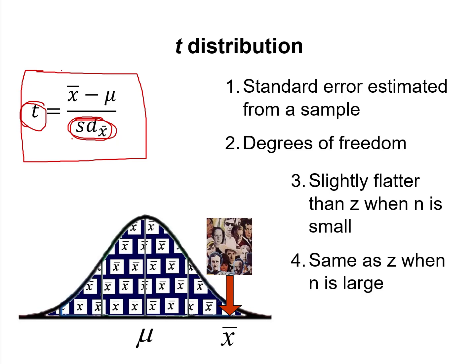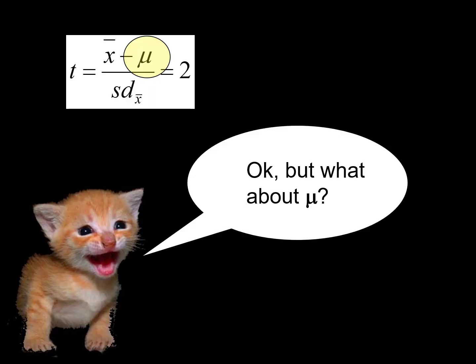But you might be thinking, wait a minute, there's still one more problem we need to solve. As the little kitty cat here says, okay, but what about mu? We still have that problem, our population parameter.